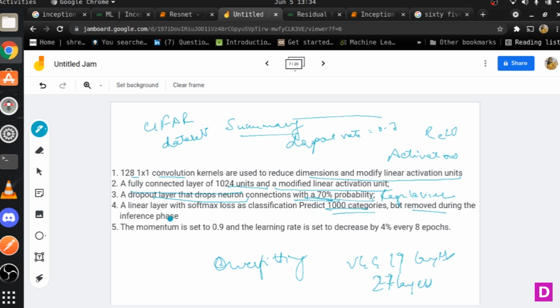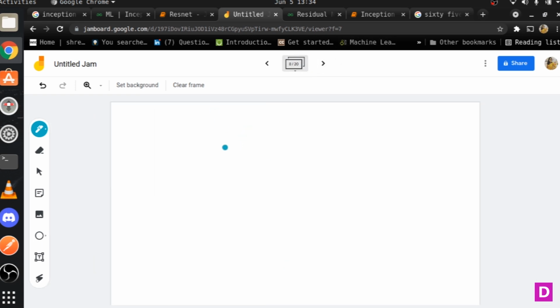But it was removed during the inference phase. Like I said, this is known as the auxiliary branch. And the momentum was set to 0.9 and the learning rate was set to decrease by 4% every 8 epochs. So that means it kept on decreasing the learning rate every 8 epochs.